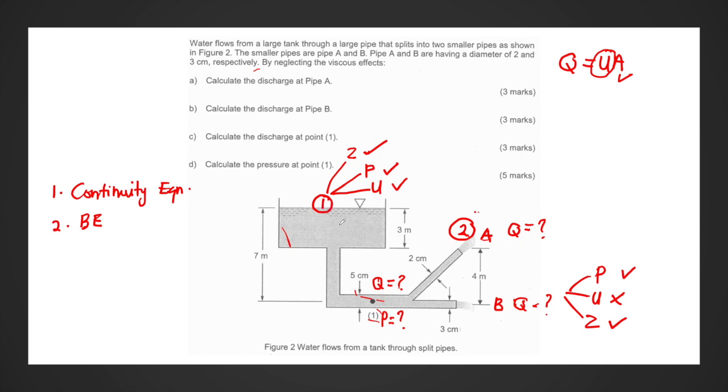The easiest solution is the same as the previous question for A. So we select point 1 at the surface of the water in the tank, and point number 2 will be at point B.